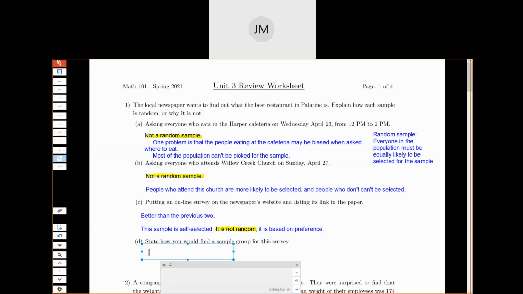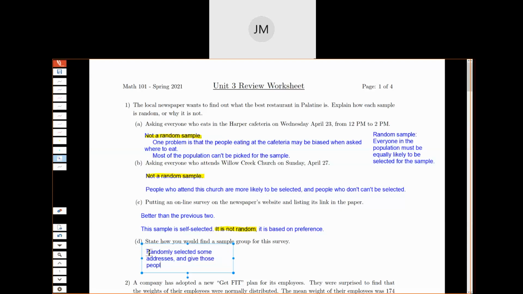So we could randomly select some addresses and give those people a survey. Okay. So then again, it's not self-selected. It's not that everyone gets a survey. And you sort of have access to the whole population.